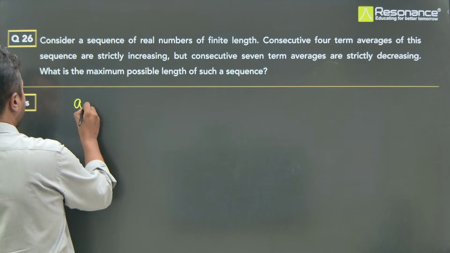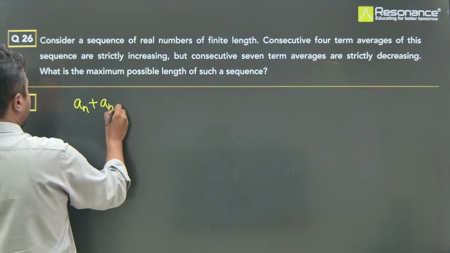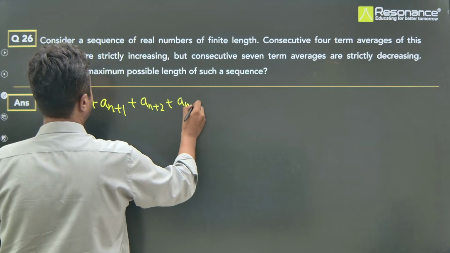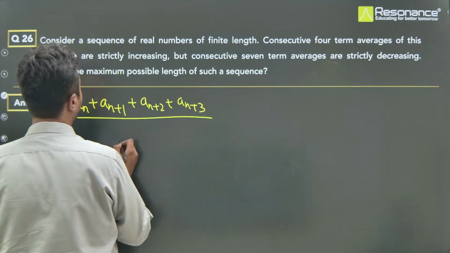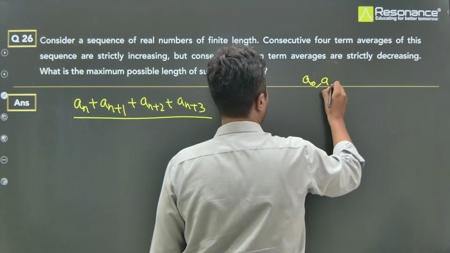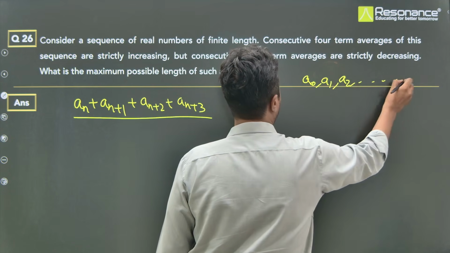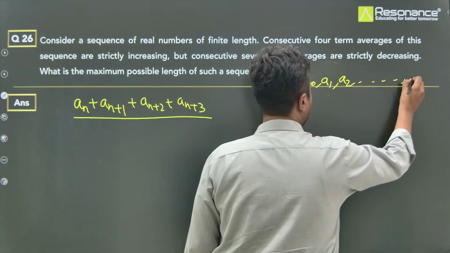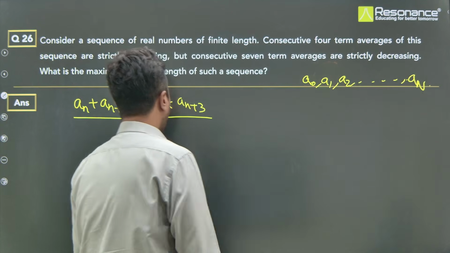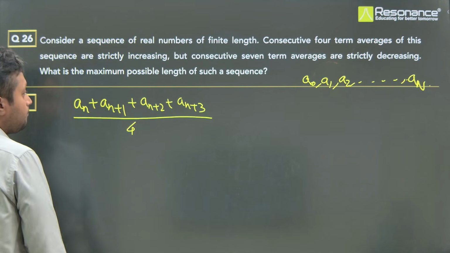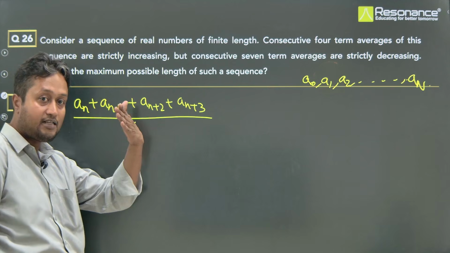All right. So a_n plus a_{n+1} plus a_{n+2} plus a_{n+3}, that's the average of the, okay, so let's say my sequence is a0, a1, a2, and so on. It's a finite length, so I don't know where it stops, but it stops somewhere. So this quantity, that's the average at stage n.